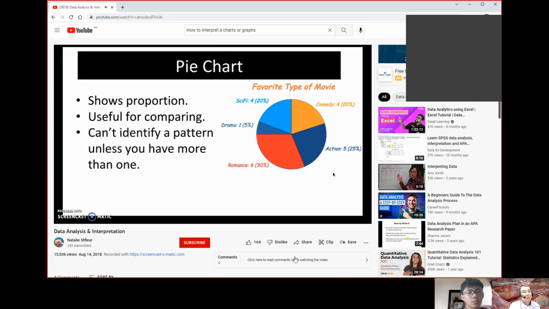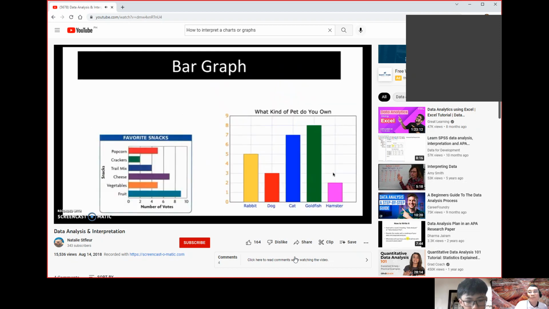One downside to a pie chart, though, is you cannot use it to identify patterns if you just have one pie chart. If you have more than one pie chart, you can use those to identify patterns. The next type is a bar graph. There are 2 bar graphs shown here. The one on the left is a horizontal bar graph because the bars are going in a horizontal fashion.